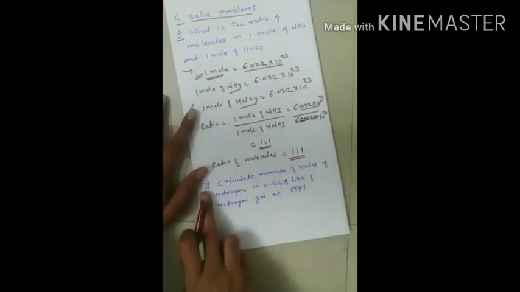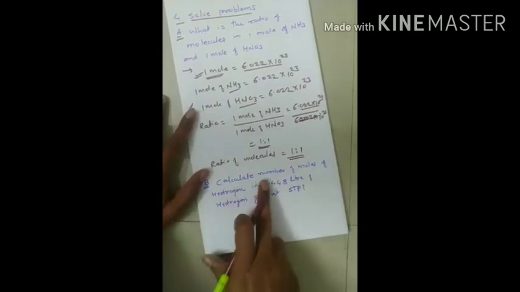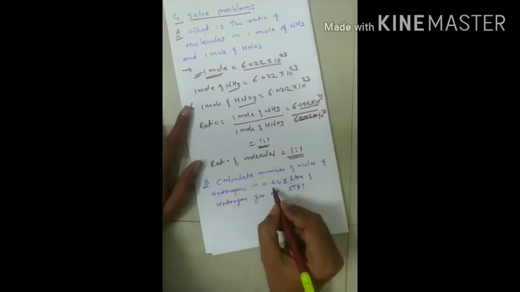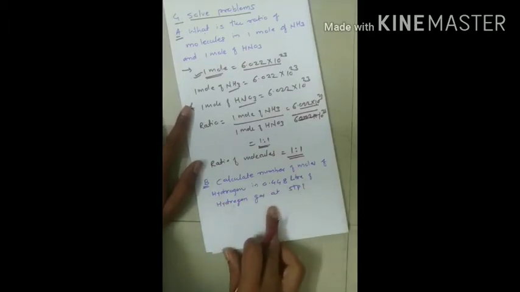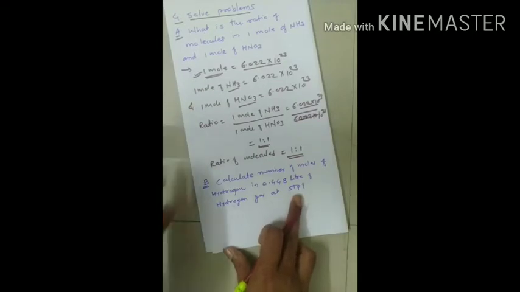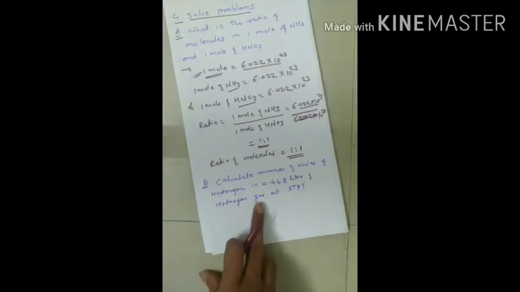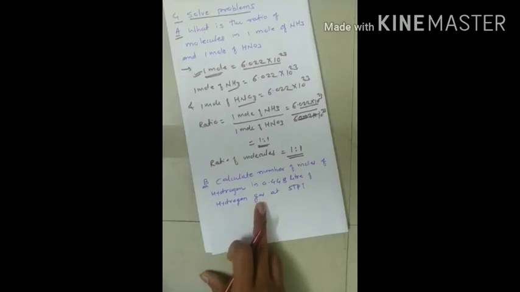The second sub question is like this: calculate the number of moles of hydrogen in 0.448 liter of hydrogen gas at STP condition. That means 0.448 liter of hydrogen gas contains how many moles?